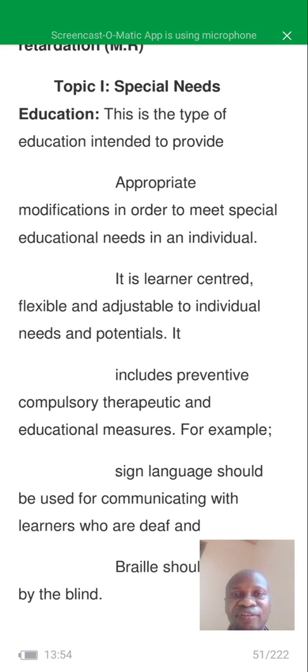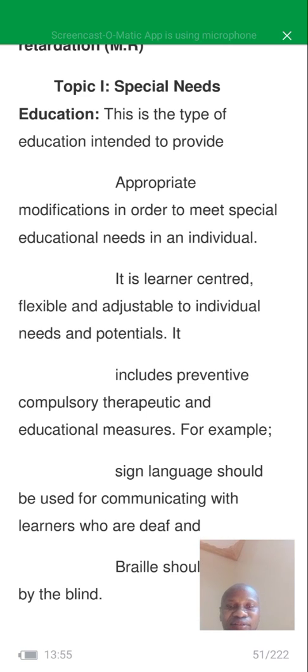So topic number 1, special needs education. What is it? This is a type of education intended to provide appropriate modifications in order to meet special needs in an individual. It is learner-centered, flexible, and adjustable to individual needs and potentials.